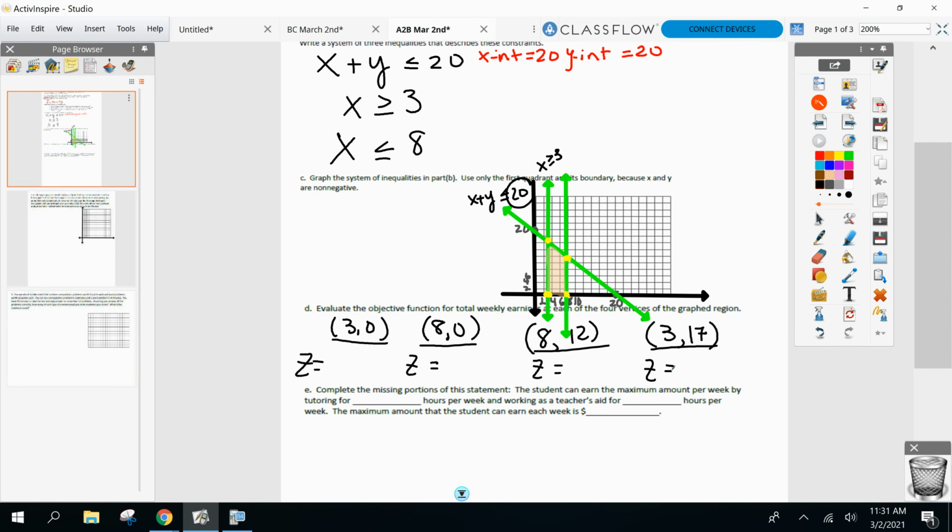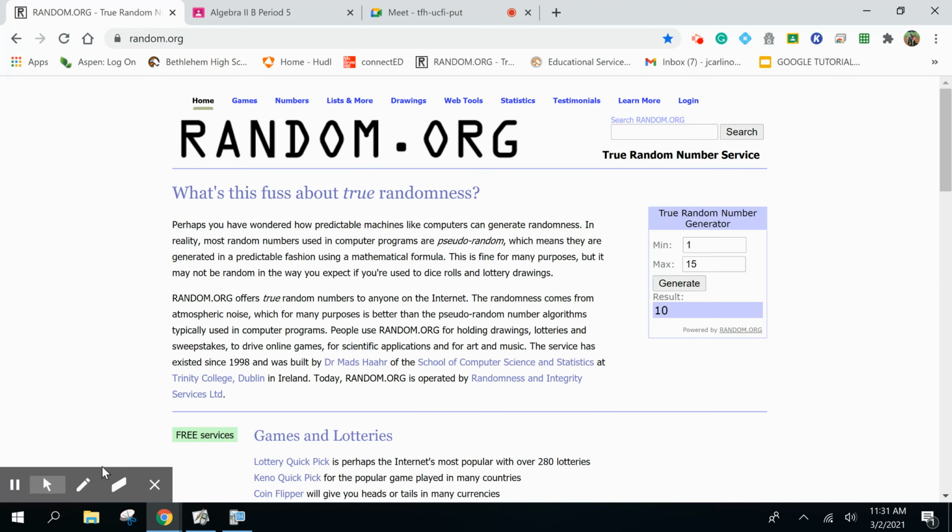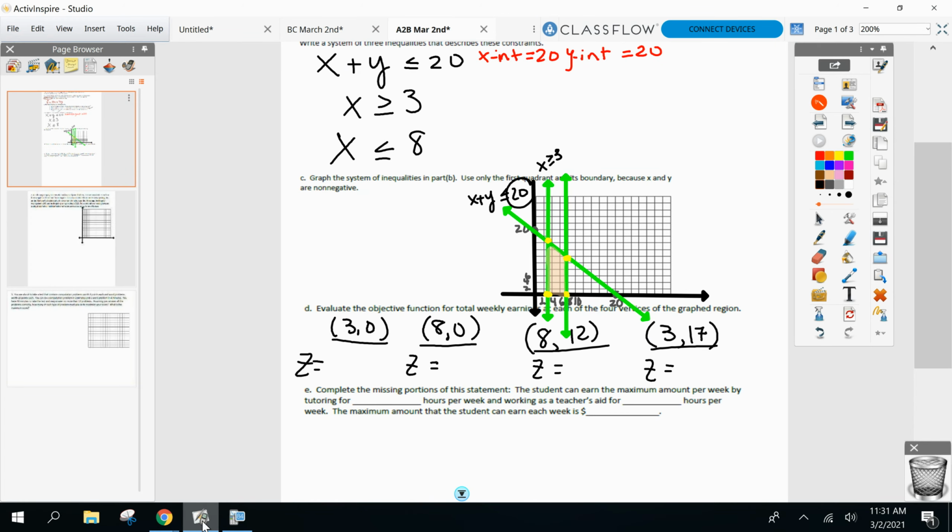All right, can you guys let me know what you're getting for the Z values after you plug in your corners? Dan, when you're ready, let me know what the Z values are after you plug in all these corners.